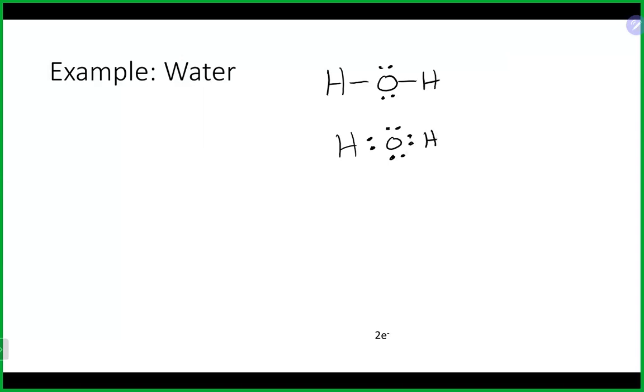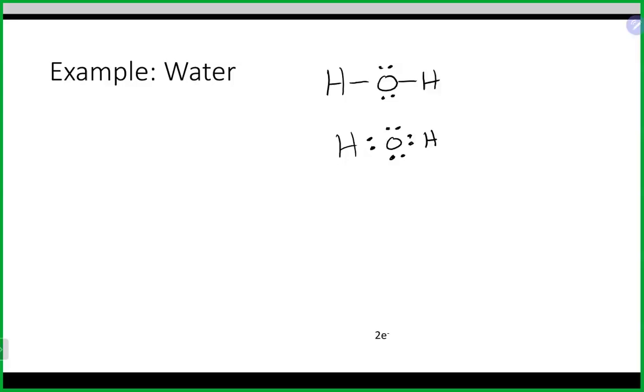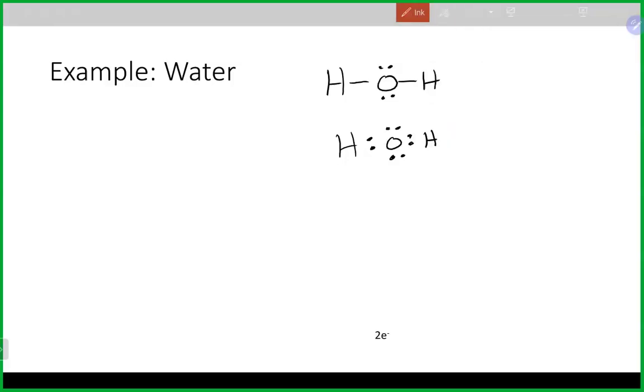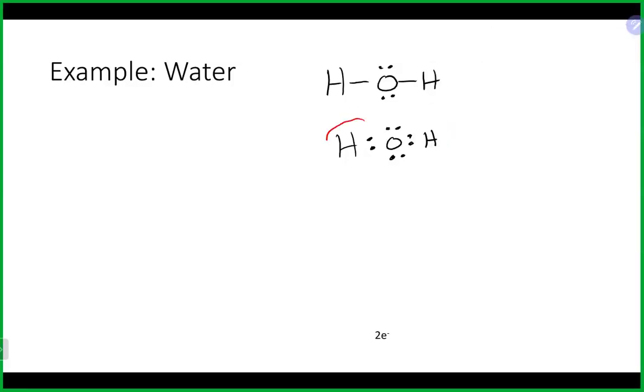Now, in this particular case, we see a couple important things. When we look at the hydrogen here, by sharing with the oxygen, hydrogen on the left there ended up with how many electrons? 2, which is good because it should never have more than 2 electrons, right? Hydrogen on the right, magically as well, still only 2 electrons.